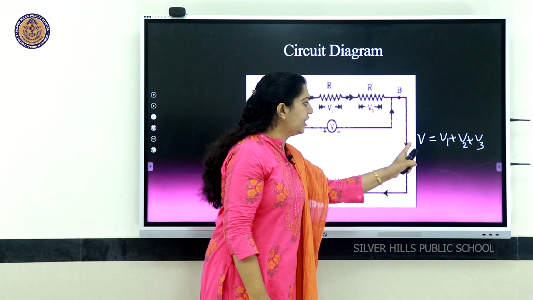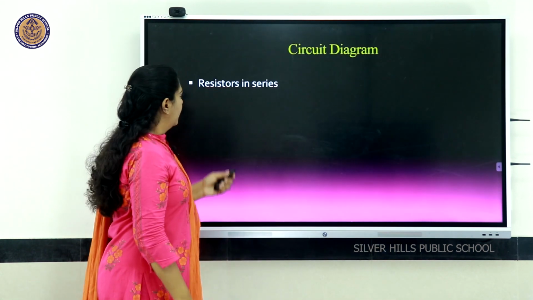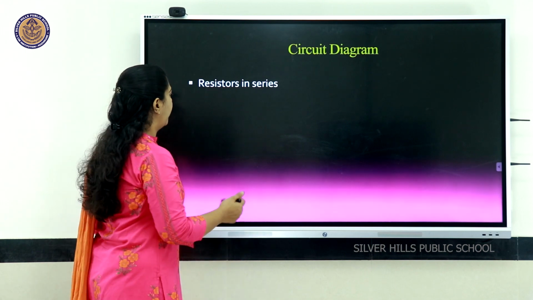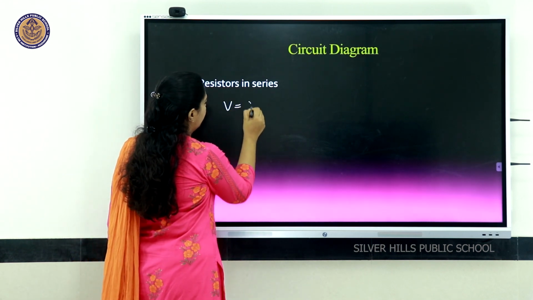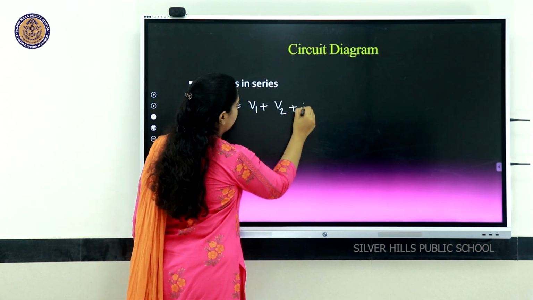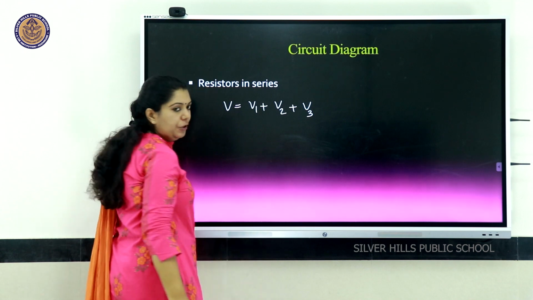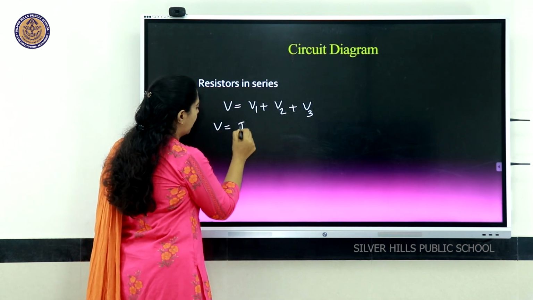The total voltage V is equal to V1 plus V2 plus V3. For resistors in series, we can derive the expression. I told you V is equal to V1 plus V2 plus V3. By using Ohm's law, you know V is equal to IR.